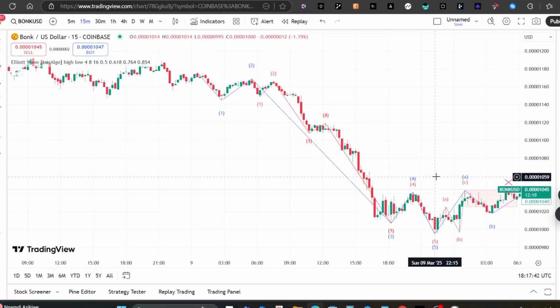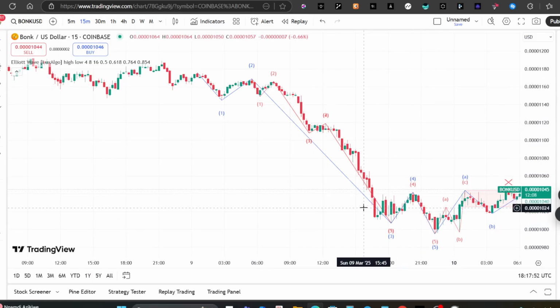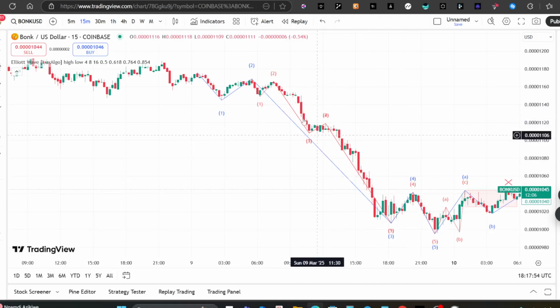These extensions most commonly occur during wave 3 or wave 5. For example, wave 3 is often the most powerful and longest wave in the cycle. We can see that right here. When it extends, it tells us that the market is going beyond expectations and could continue moving in that direction for an extended period. So this extension creates significant trading opportunities.